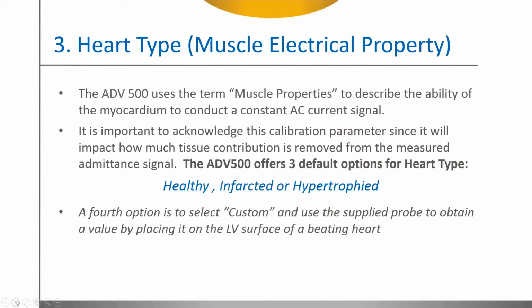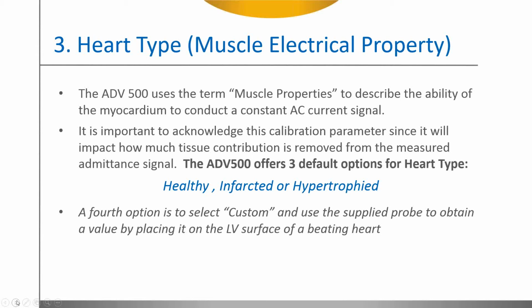Moving on to archetype, which are the muscle electrical properties used by the admittance system. The ADV uses the term muscle properties to describe the ability of the myocardium to conduct a constant AC current signal.